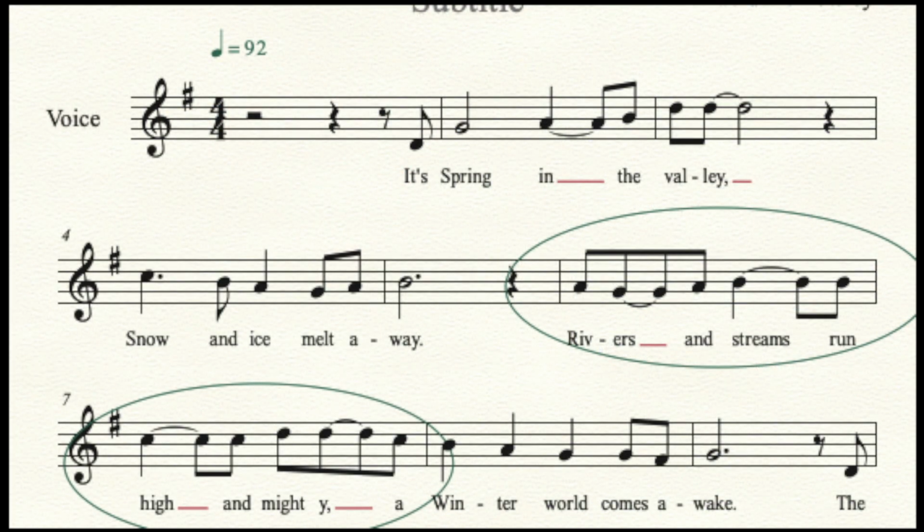So in the next 2 measures, which is the full measures 5 and 6 in the piece, again, we're going to look at the pitches and decide which pitches we're going to base our chord choices on. So we start rivers and streams with an A. But look at the A, and then it's a G, and then back to an A, and the G is a longer pitch.